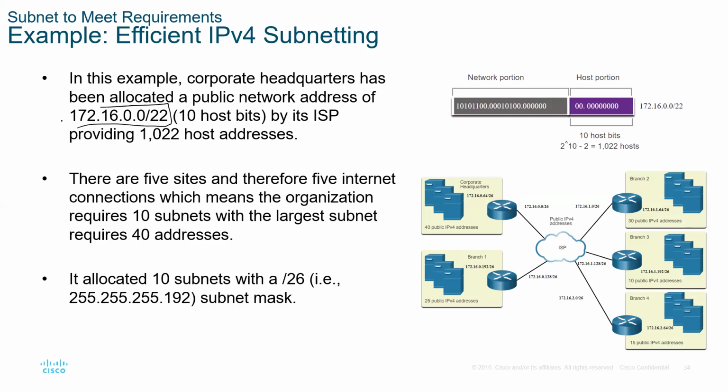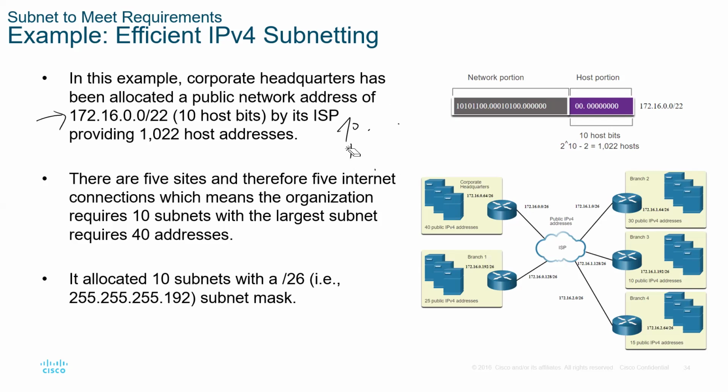This is not a public IP address, by the way. This is a private one. Okay, let's assume it's public. 172.16 is not a public IP. If you remember, private addresses are 10.0, 172, then we have 192. These are all private IP addresses.